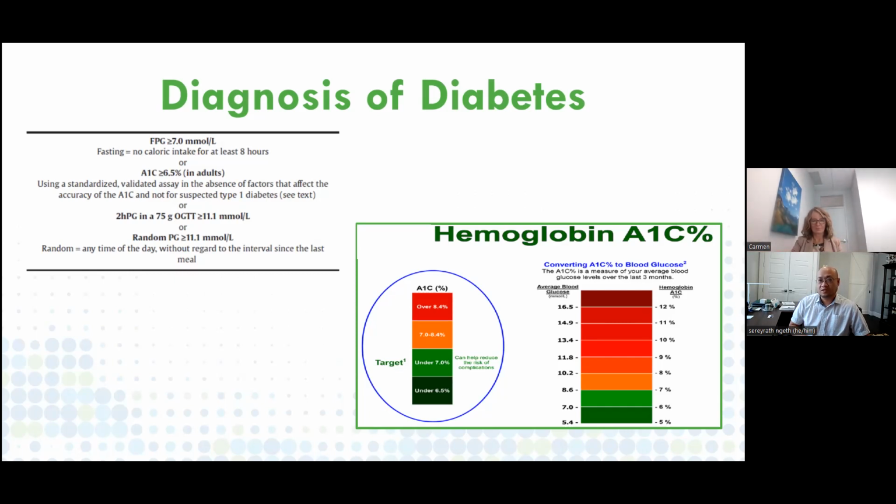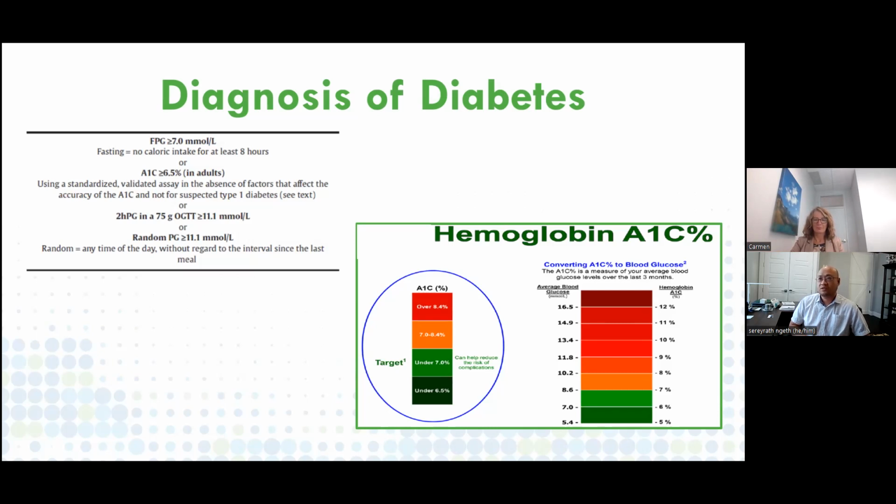Their blood is tested after 2 hours, and if their blood glucose is equal to or more than 11.1, that is diagnostic for diabetes. And another test is a random blood glucose taken anytime during the day. If it is more than 11.1, they are also considered diabetic.